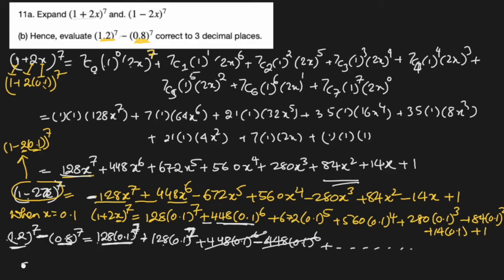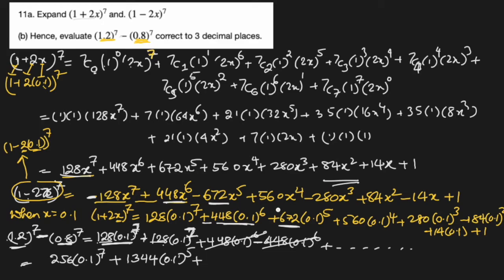Write the final one. So 128 plus 128 is 256 times 0.1 to the power 7. Then this will be cancelled out. This will be written 672 plus 672, so it will be 1344 x to the power 5.